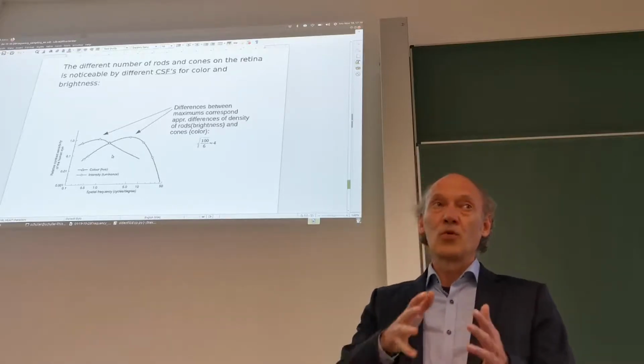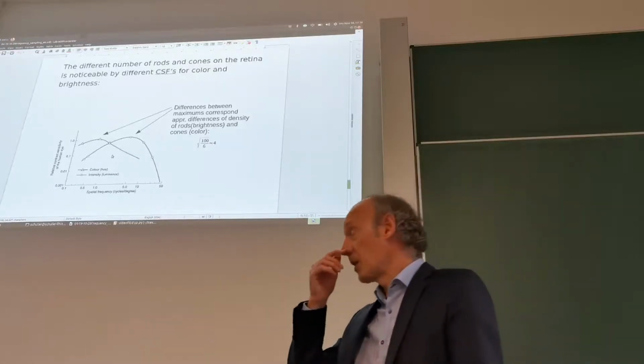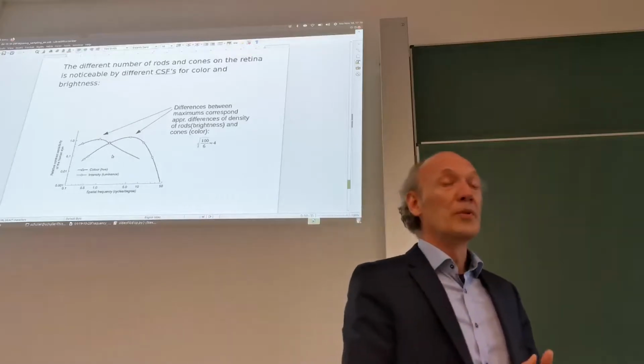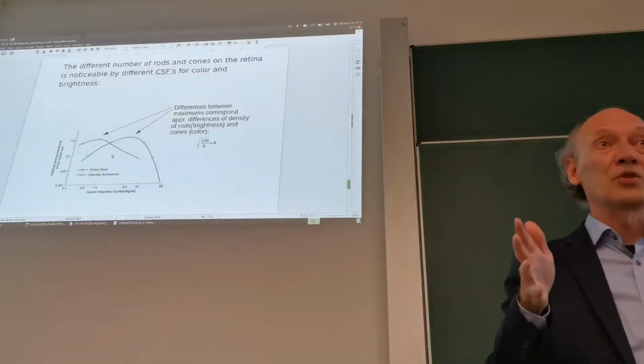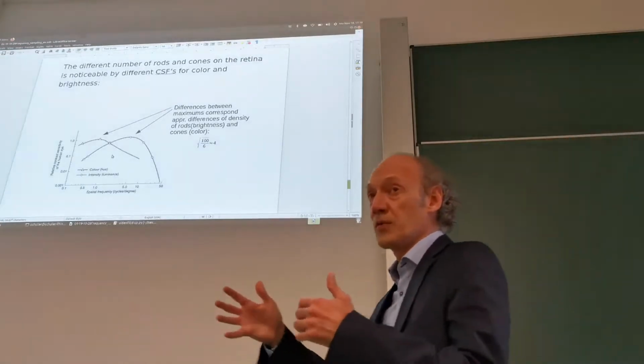Right? You have the cones, only about 6 million light sensitive cones for the color, and then you have the rods for intensity, for luminance, right? The black and white vision. You have about 110 million of those. So it's a big difference.